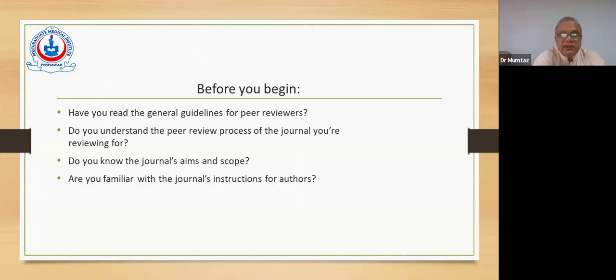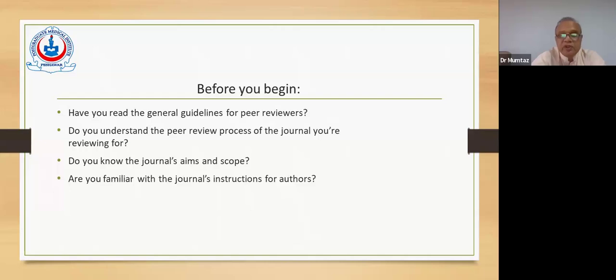But there are some deviations in every journal. The aims and the scope of the journal might be different, and you are supposed to know about that. And all these things should be borne in mind before processing a review.